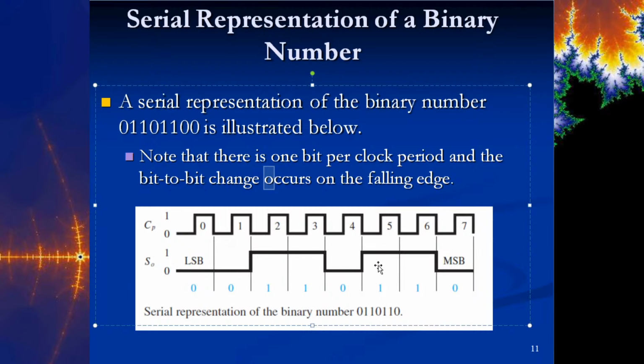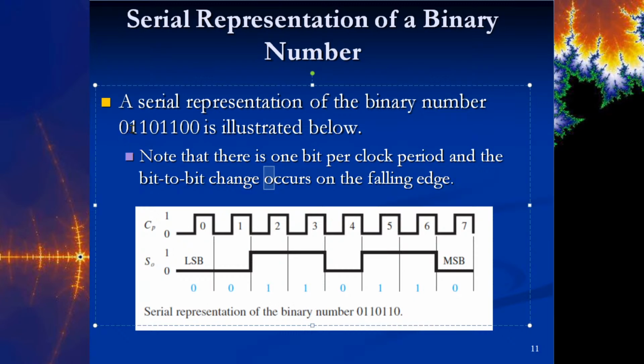So we can represent this. You see how it looks like it's backwards, right? It's because the least significant bit is what comes out here first, right? You see that? So if we were going to shift this from like a shift register or something, then you always send out the least significant bit first. So in time, it occurs ahead of the most significant, and when you read it left to right, it looks backwards, right?